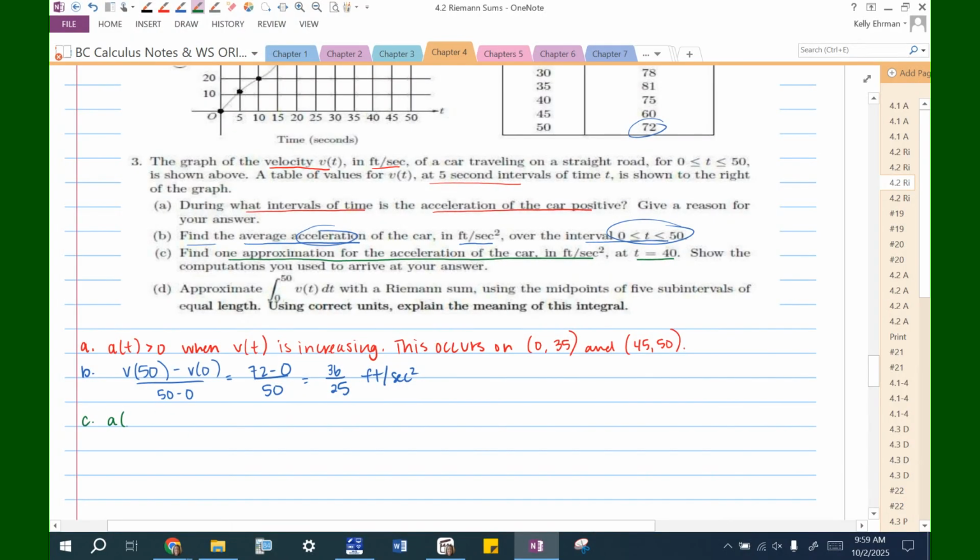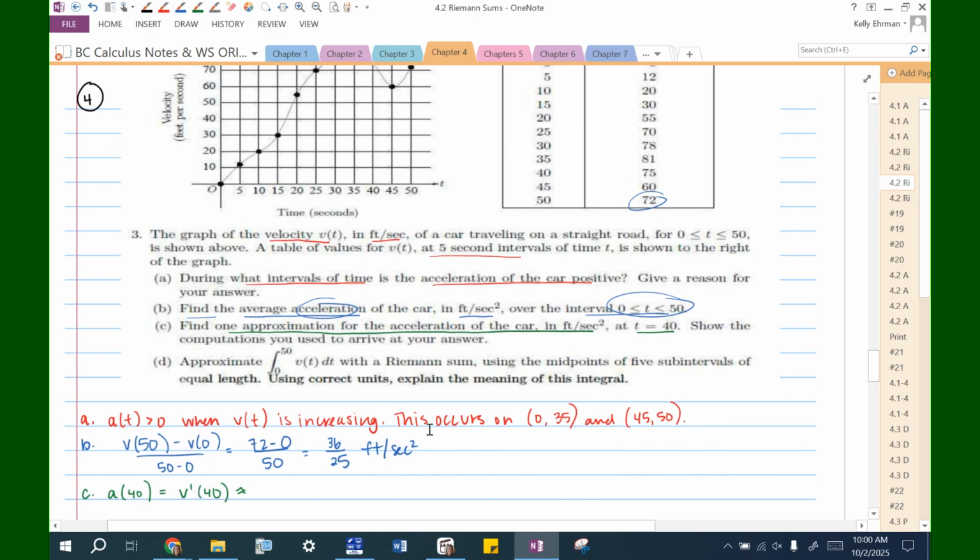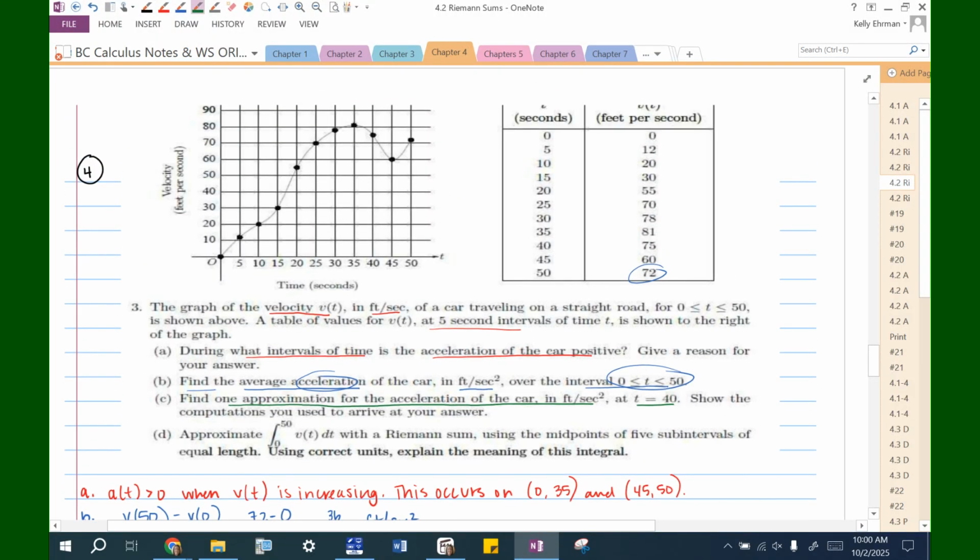So they want me to find a of 40. And if I could make that equal to v prime of 40, then I would. But I have to approximate this because I don't have a velocity equation to type into. So what is surrounding 40? We actually have 40 for the velocity.